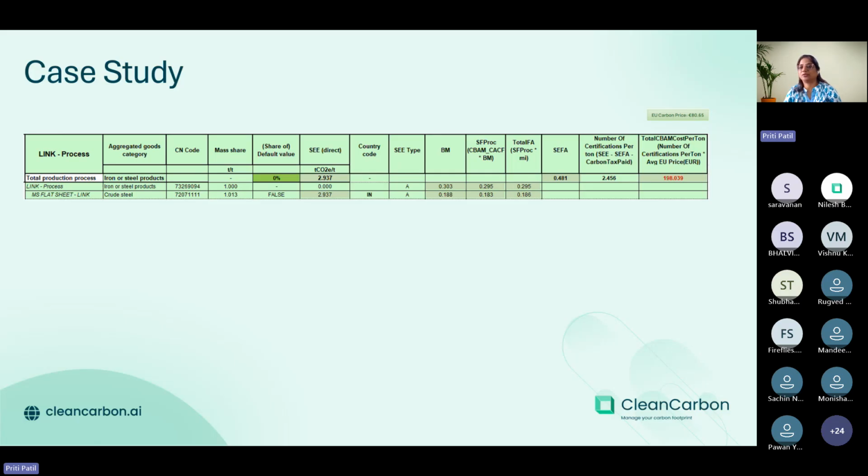This keeps on changing, so this is just for demonstration purpose. It's not that currently it is priced that way, but for demonstration, we have considered 80.65 euros as the EU carbon average price. So for these 2.456 certificates, you will pay 198 euros. So this is how the tax cost is calculated.